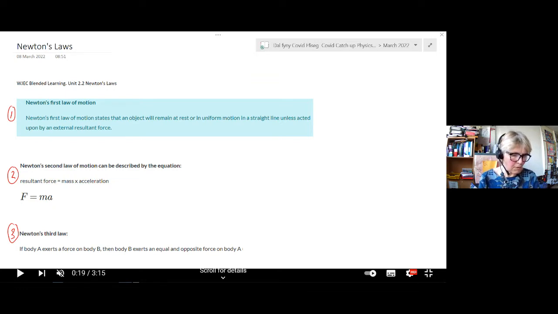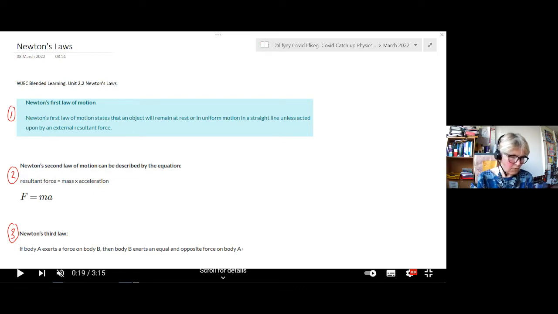Go on to the WJEC digital resources and look for the blended learning, unit 2.2 Newton's laws. These definitions are very dry, and you can either learn them as you see them, and then WJEC can't take any marks away from you, or you can learn them.